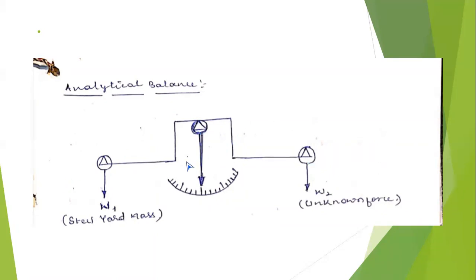Then the unknown force, in this case the weight of the sugar W2, is equal to the standard dead weight in metric system, 1 kg. W1 equal to W2. That is nothing but the procedure for measurement of force using analytical balance.